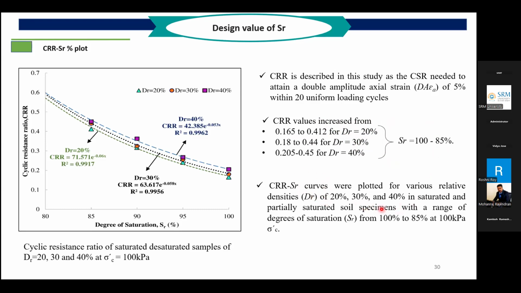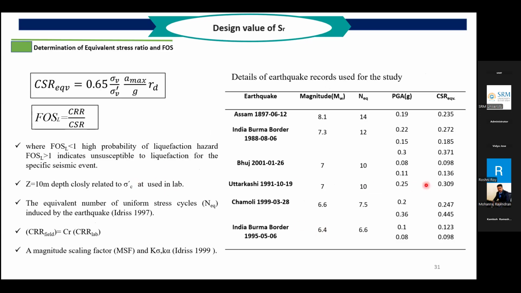These were plotted for 3 selected relative densities and saturated and partially saturated soil specimens, with a range of degree of saturation from 100 to 85, for 100 kPa confinement stress. From this, the liquefaction factor of safety was estimated by considering the conventional method given by NIT Trichy.